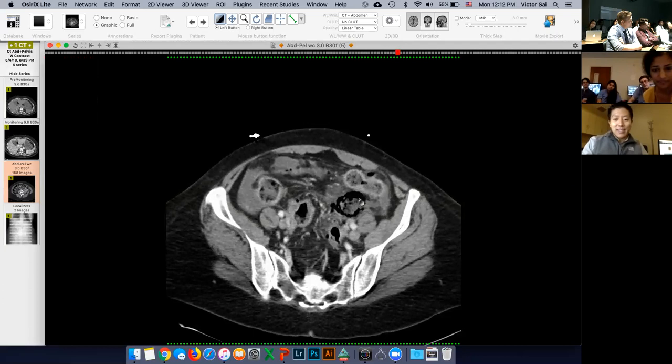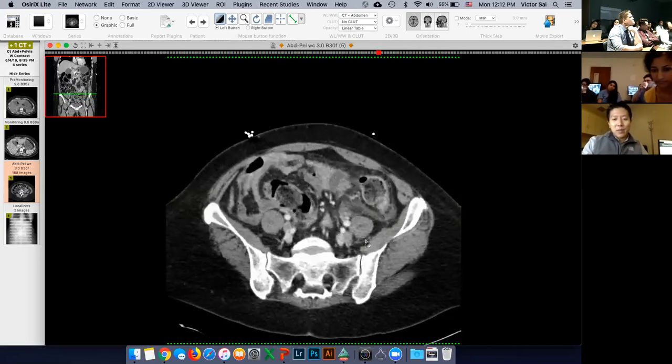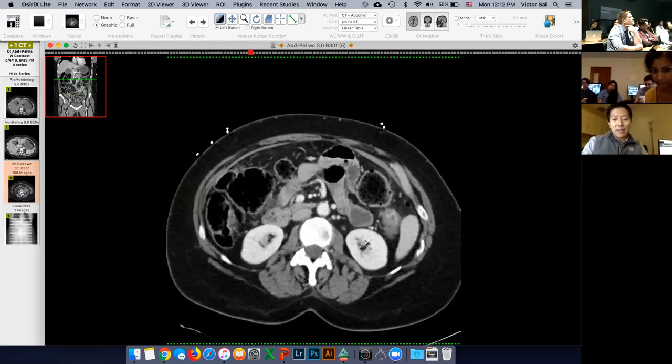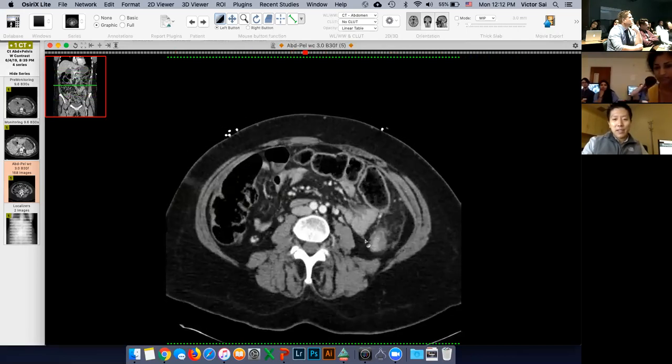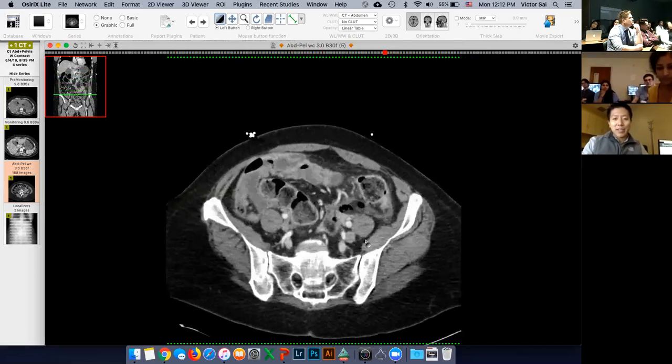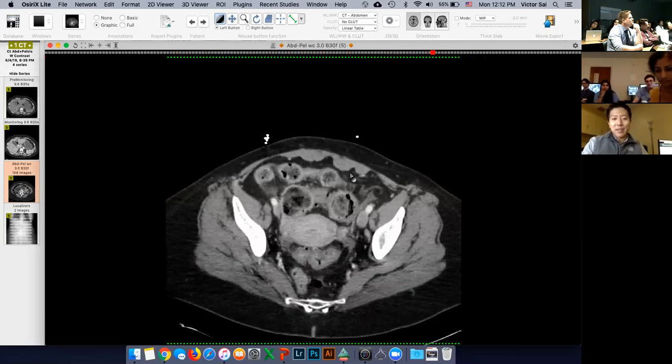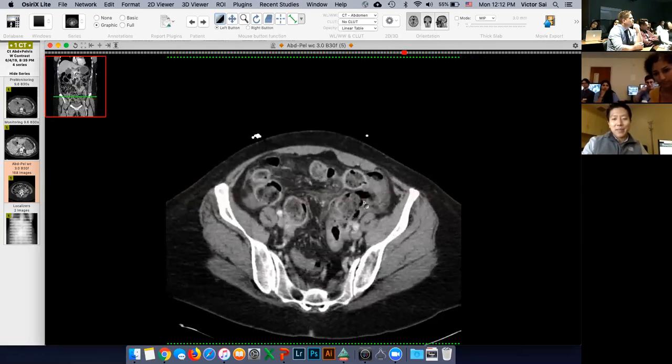That is indeed what this is. So this was unfortunately missed because whomever was reading this case was so convinced that this is just a simple case of colitis, but this is pretty severe inflammatory changes.